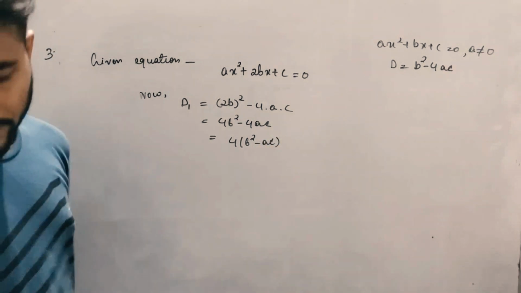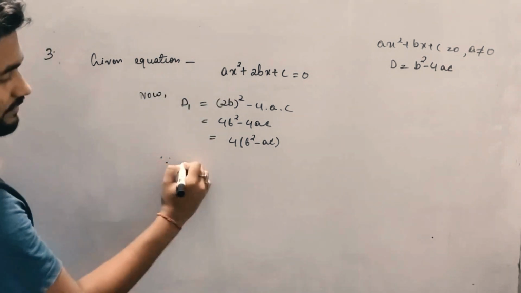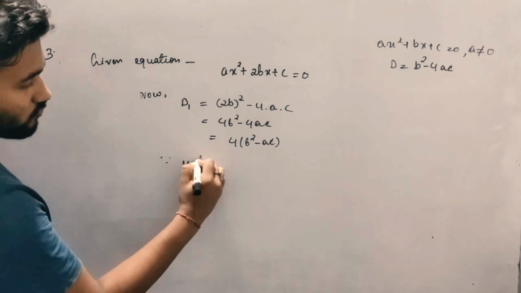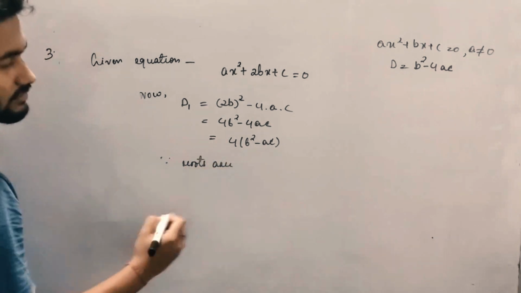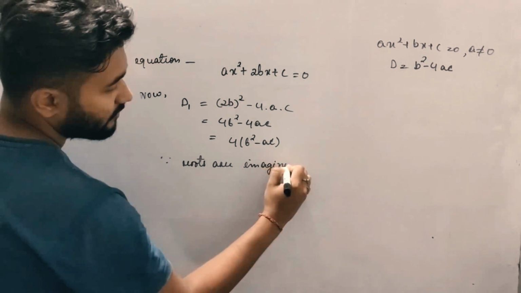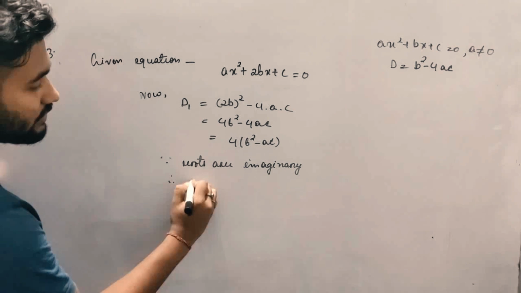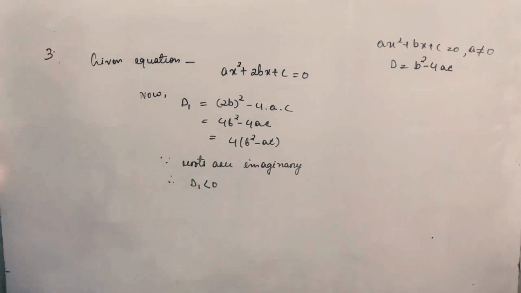Now what is given? That the roots of this equation are imaginary. Since roots are imaginary, therefore d1 will be less than 0.